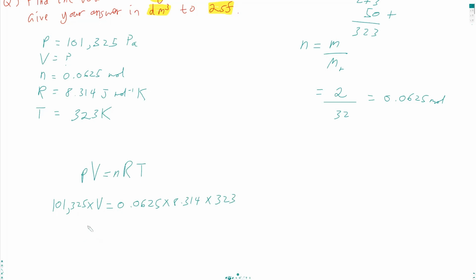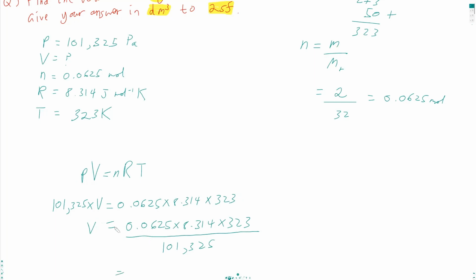So V is equal to 0.0625 times 8.314 times 323 all over 101,325. What you could have done is rearrange the equation without putting the numbers in, and then put the numbers in. But I'm showing you to put the numbers in, and then rearrange it.